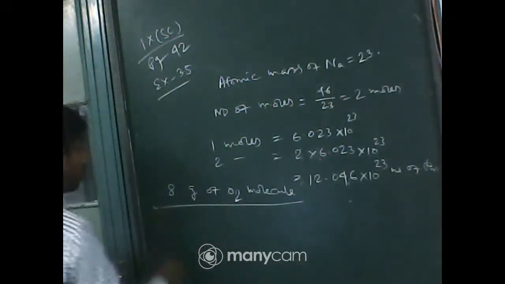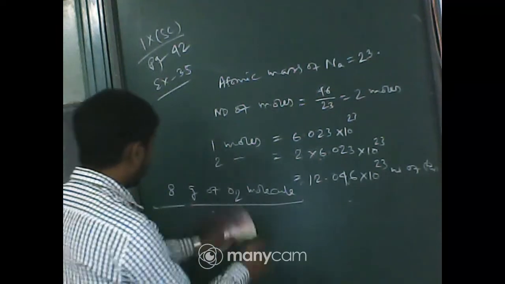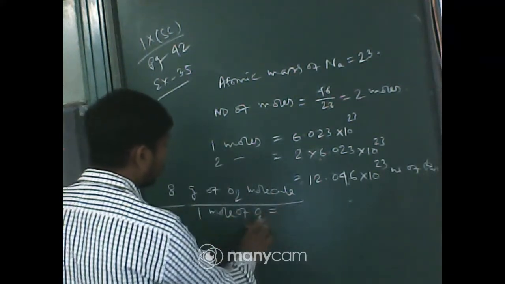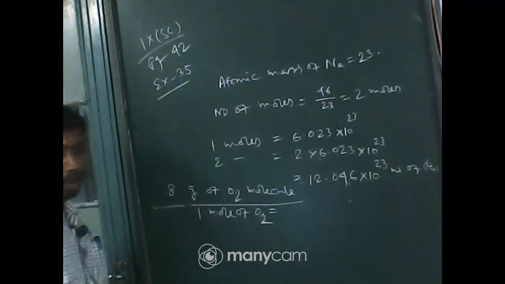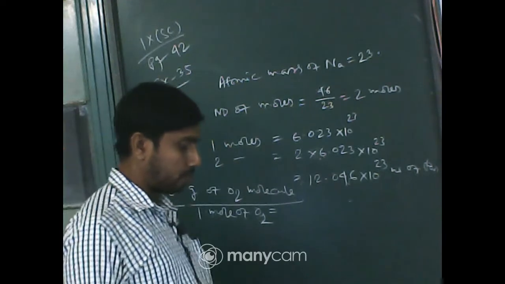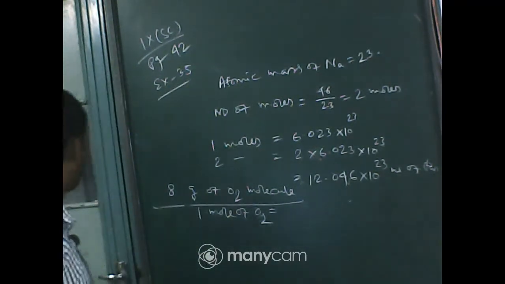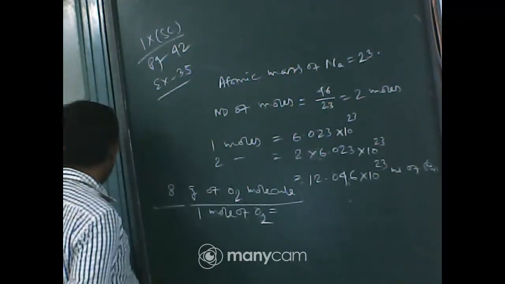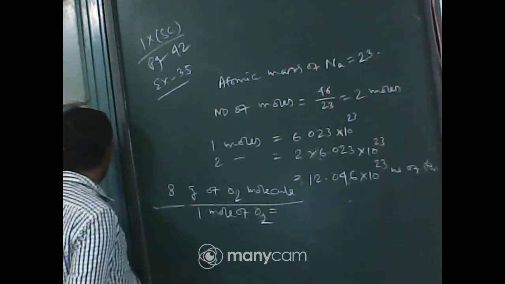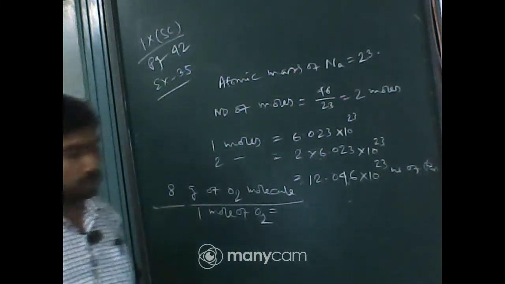Now, here the molar mass, 1 mole of oxygen is equal to how many gram? 32, yes.